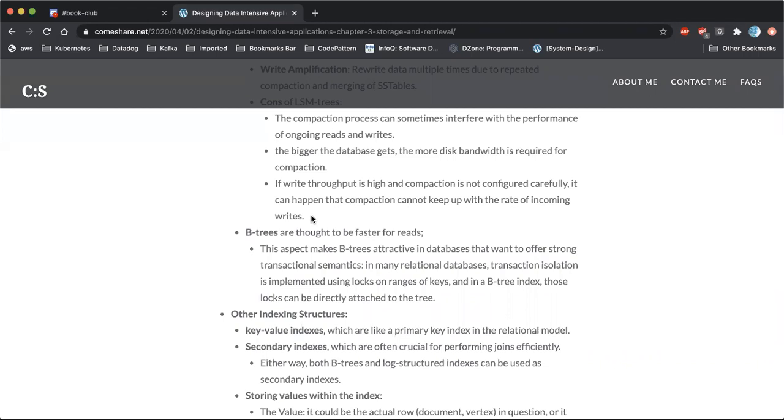For everything that we are discussing, both in case of LSMs and B-trees, write amplification comes into play for writes. And yeah, those are the things that I found.